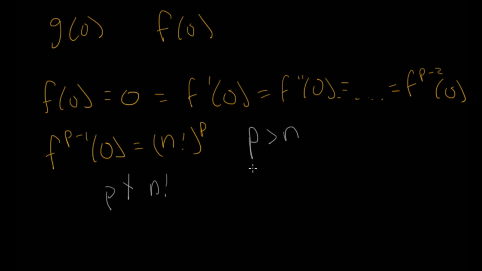It's like saying 10 divides 2. It doesn't make any sense. So therefore, p does not divide f to the p minus 1 of 0. Since p doesn't divide f to the p minus 1 of 0, and g is made up of all the derivatives of f, we can conclude that p does not divide g of 0.